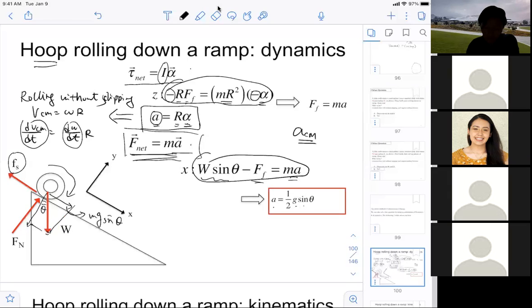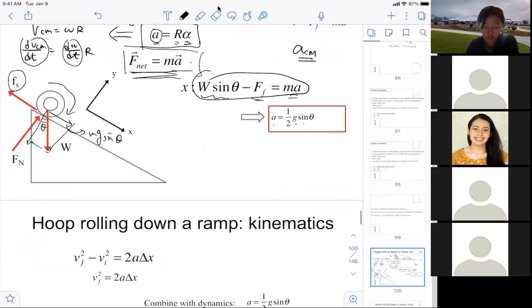Remember, when we only have one point, if it's a block going down, it's simply g sine theta. Now for a hoop rolling down, it's 1/2 g sine theta. So the difference is because now we added the rotation.